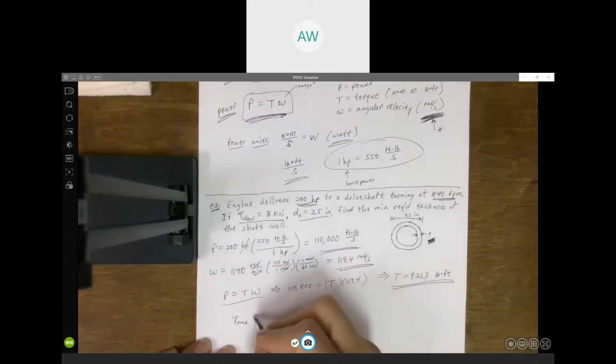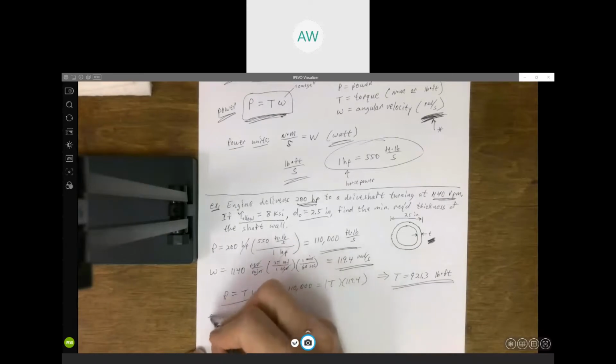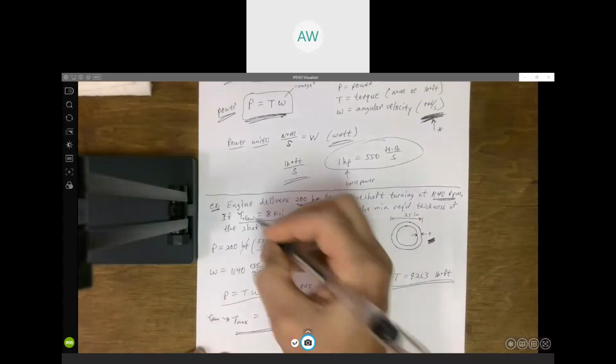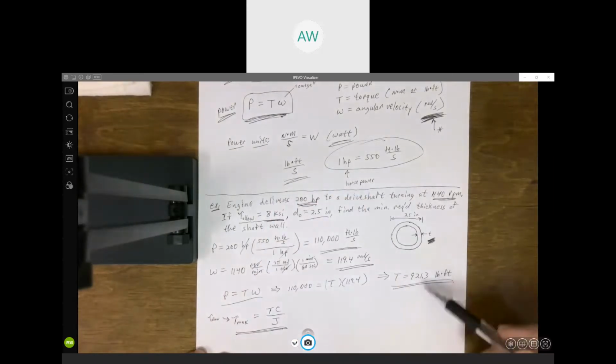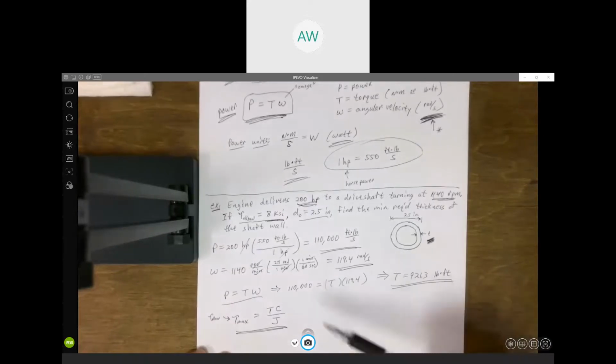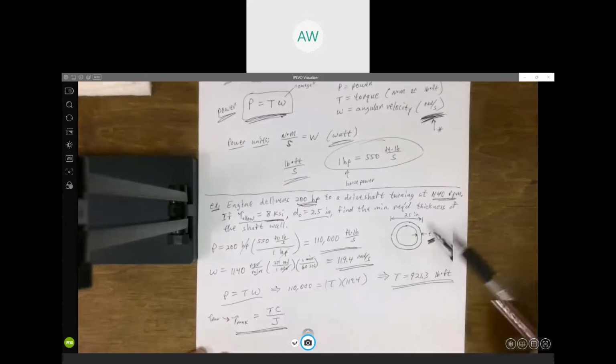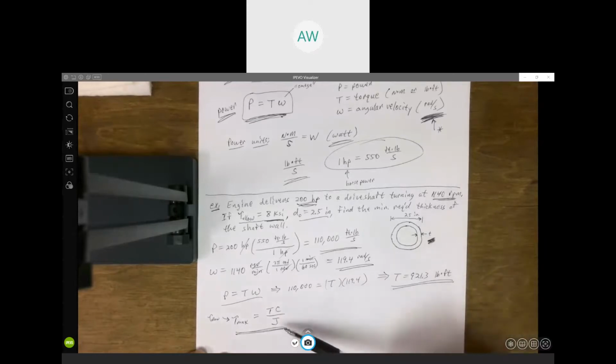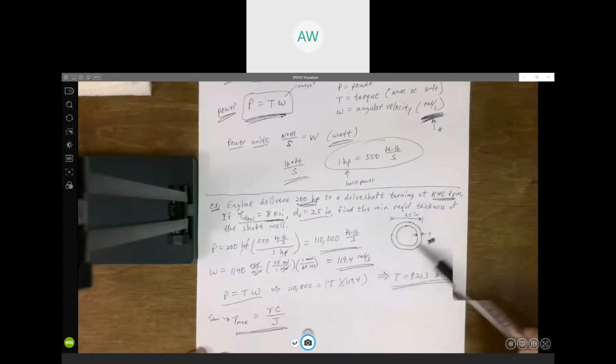I know tau max is equal to TC over J. So we're going to set this equal to our allowable, our 8 KSI. We know the torque now. And then C is the outer radius, which is half of 2.5. And then J, we're going to have to calculate the polar moment of inertia for this hollow cross section. It's a hollow tube, just like we did in that section, I think it was BC in that previous problem.